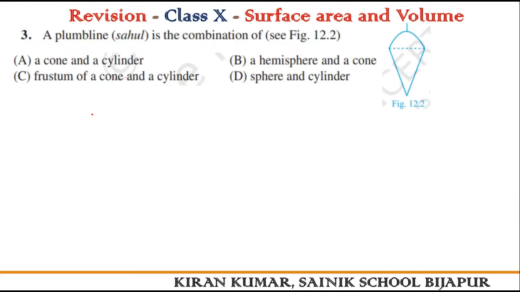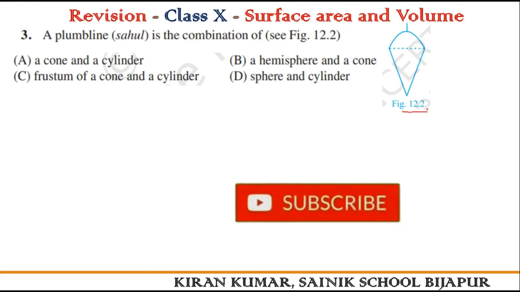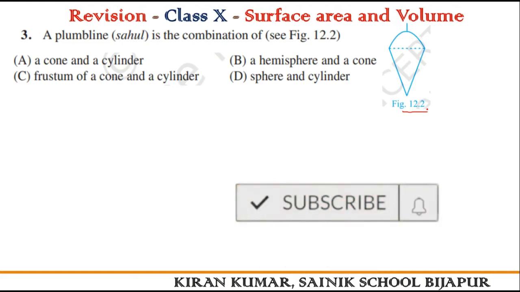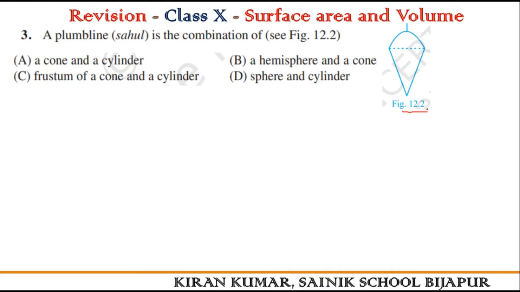Question 3. A plumb line, sahul, is the combination of, you can look at the figure 12.2. It's a combination of, if you look at the bottom portion, it is a conical portion and the top portion is a hemispherical portion.